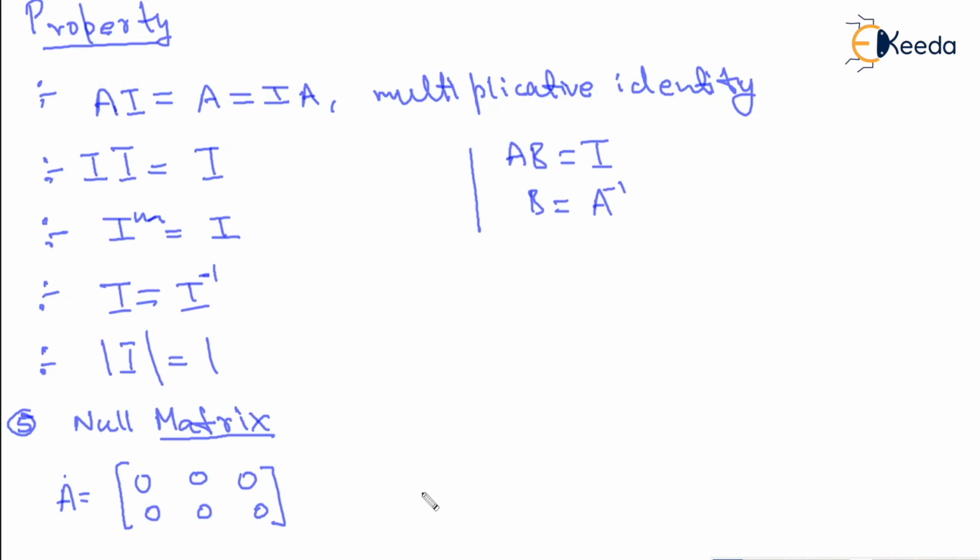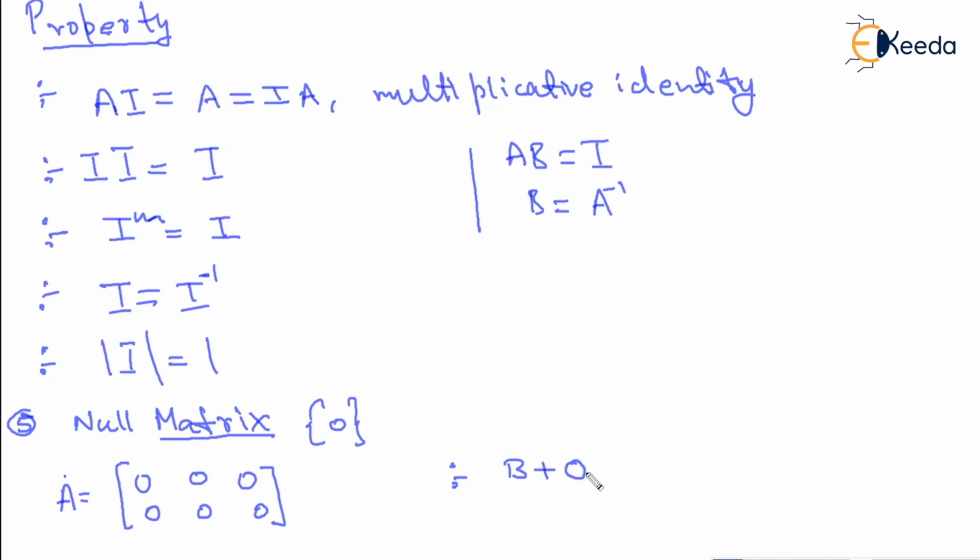Also, if you add, like we'll see the operations, add a matrix, let's take another one. If there's a matrix B and you add a null matrix, which is generally given by 0, so you can say it is a null matrix.